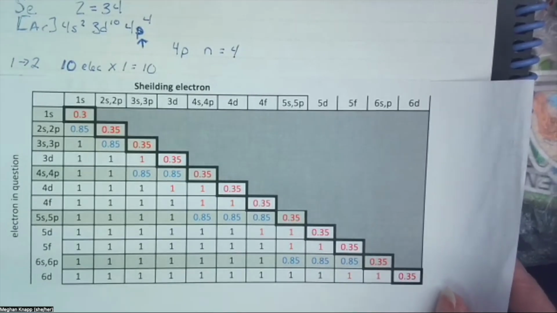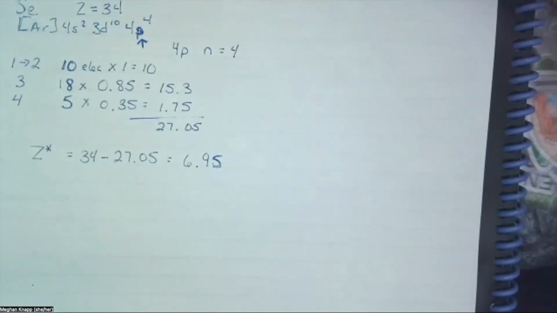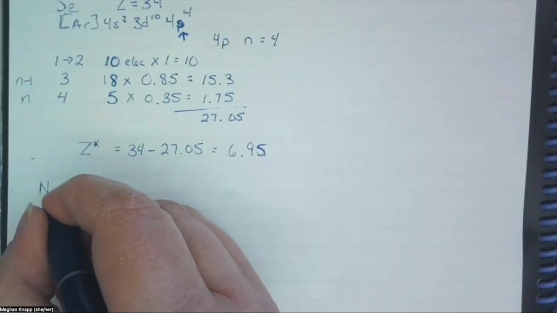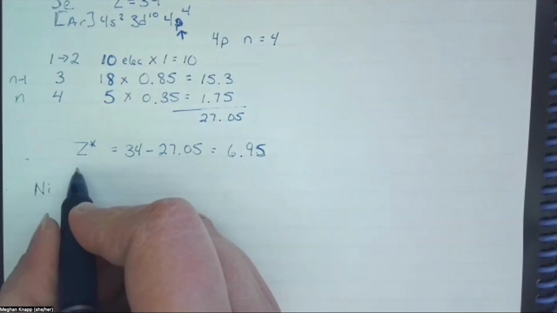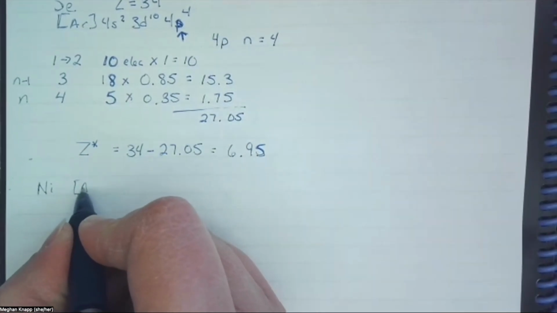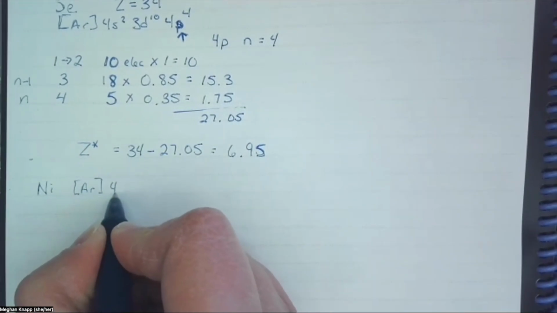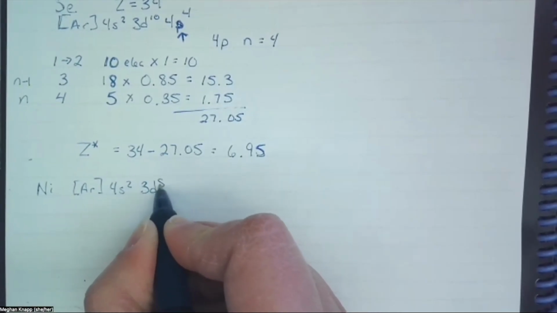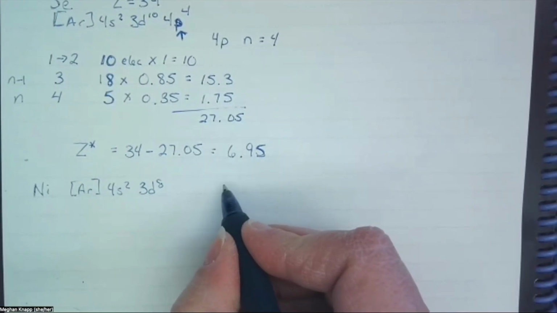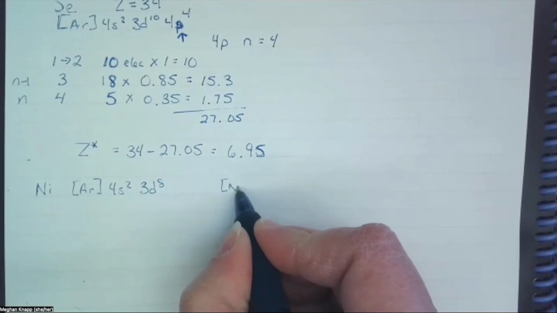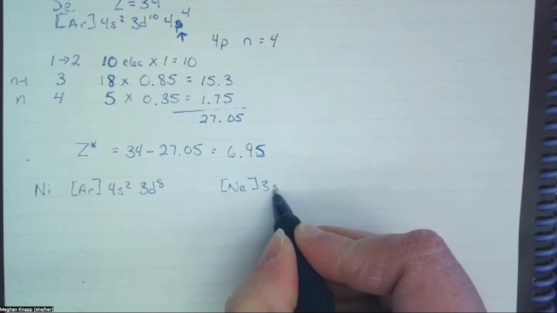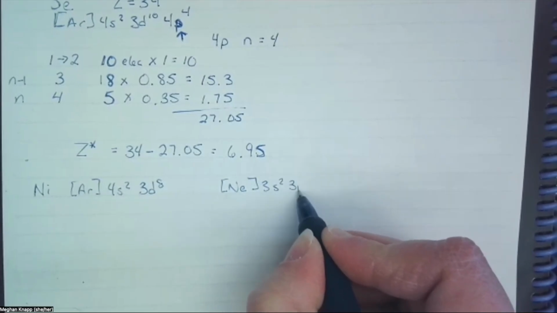All right. So the next question on the slide asks about nickel. Nickel has the configuration argon, 4s2, 3d8. Or you might think of that as neon, 3s2, 3p6.